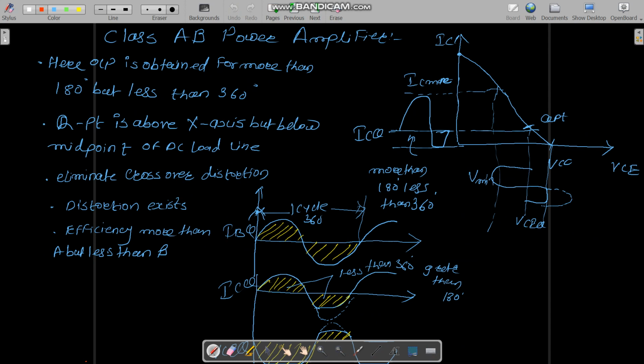Because of that, efficiency will be more than A but less than B, and distortion exists in the class AB power amplifier. It is not as high as in B, and not as low as in class A. That means distortion and efficiency lie in between A and B.